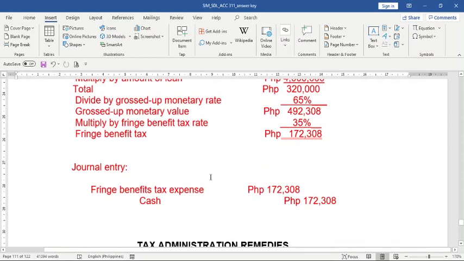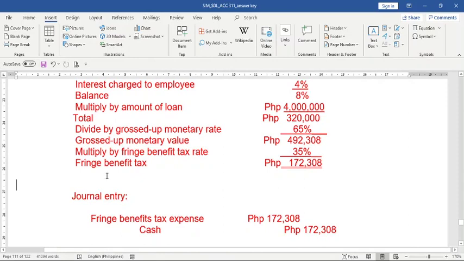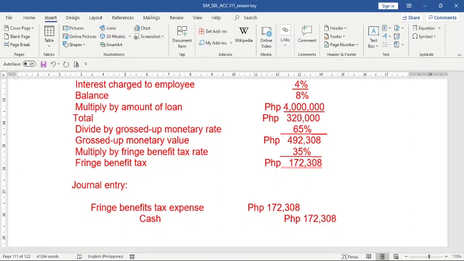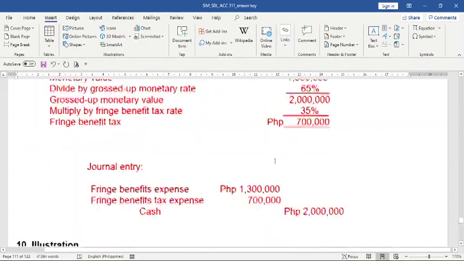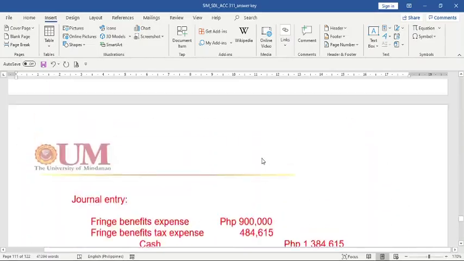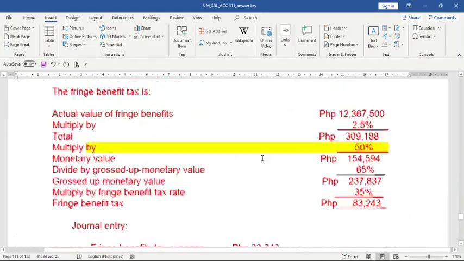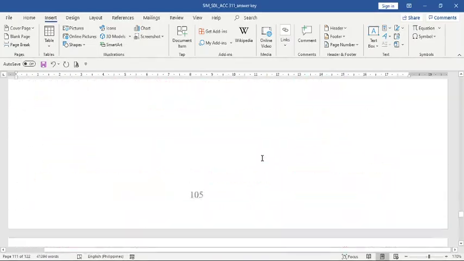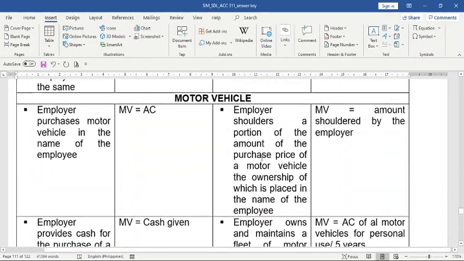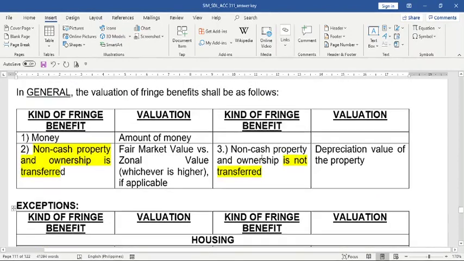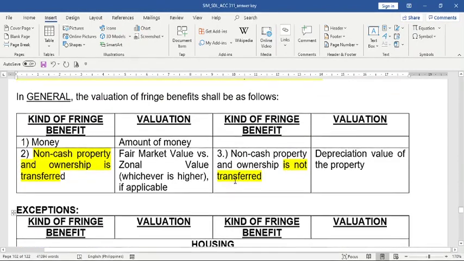So, this is our entry. Okay, medyo libog, no? Just follow the rules, yung nandun sa taas. I will go back to the rules. Ano ba yung mga valuation natin?